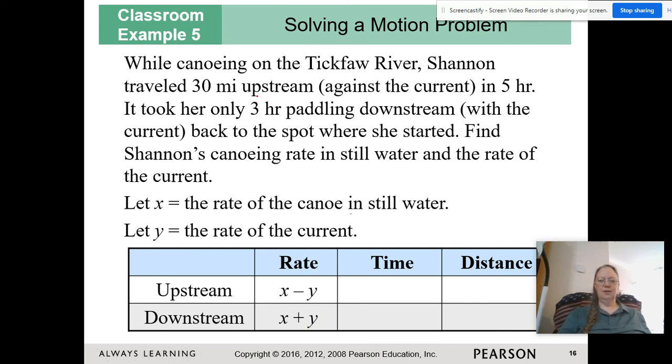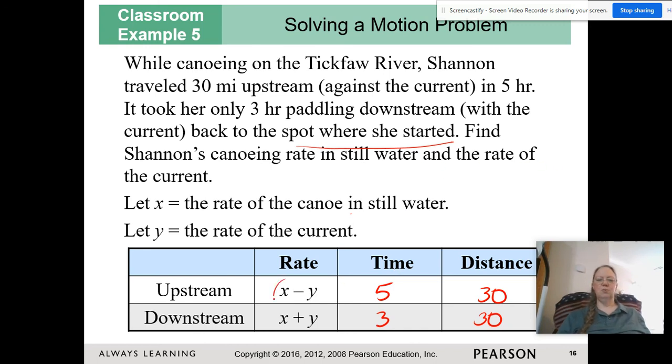She traveled 30 miles upstream in 5 hours and 3 hours downstream back to the spot where she started, so she's going the same distance both ways. Find the canoeing rate in still water.